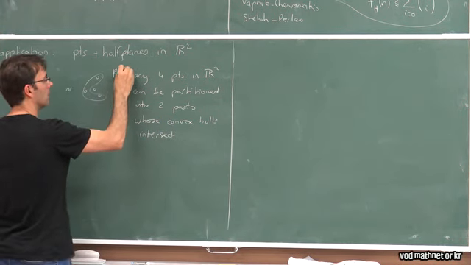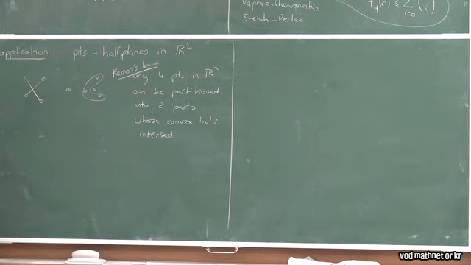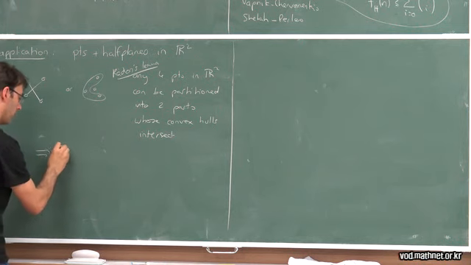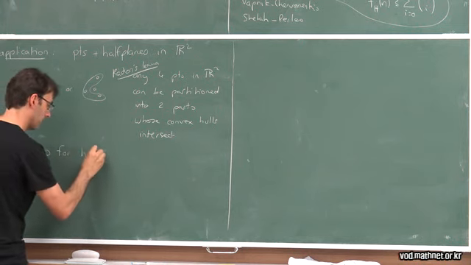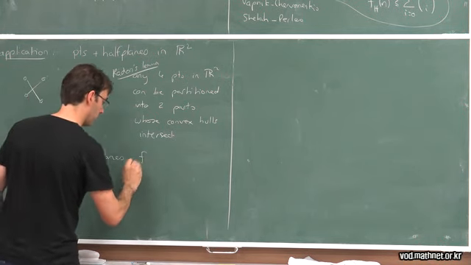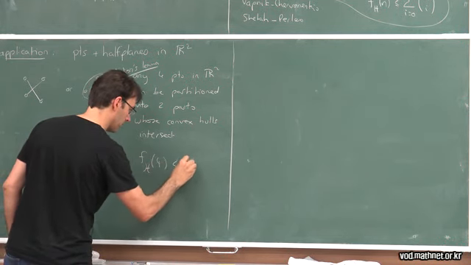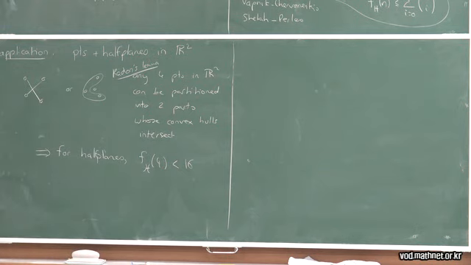This is okay, and that implies that for half spaces, for half planes, f_H of 4 is less than 16. Okay, because it's impossible that there is a half plane that intersects these 4 points in exactly these 2 points.